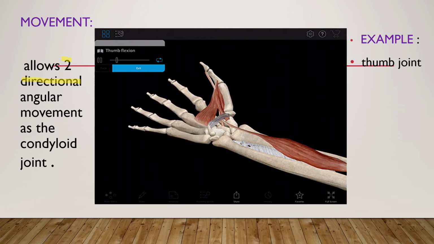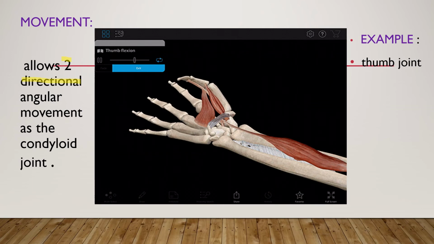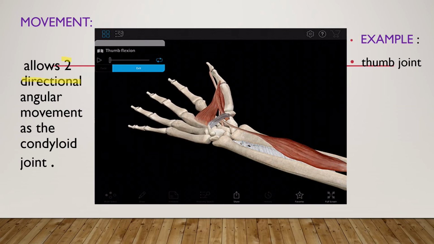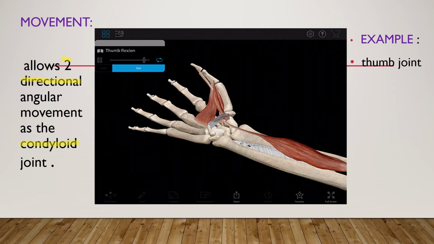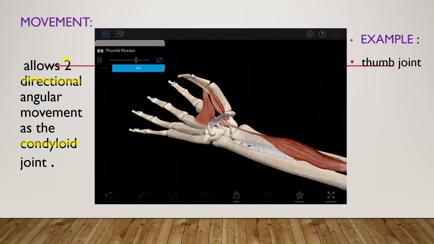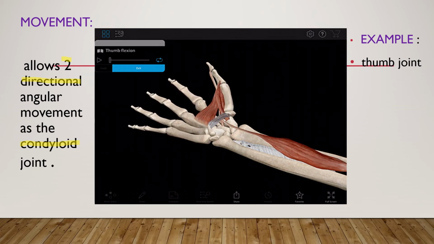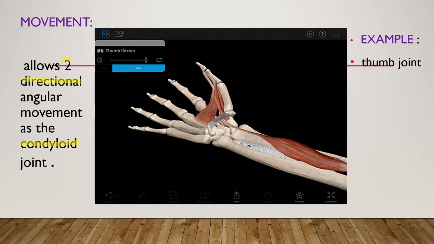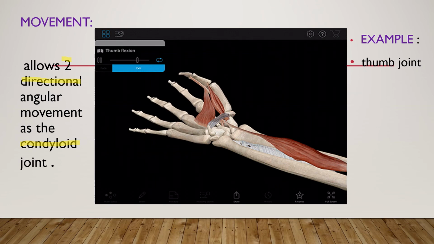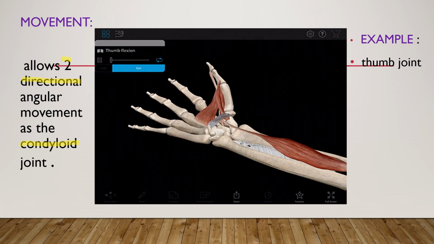There are also some similarities between the saddle and condyloid joint. The condyloid joint also allows two-directional movement. But you have to remember that the condyloid joint does not allow the bones to move as freely as the saddle joint does.